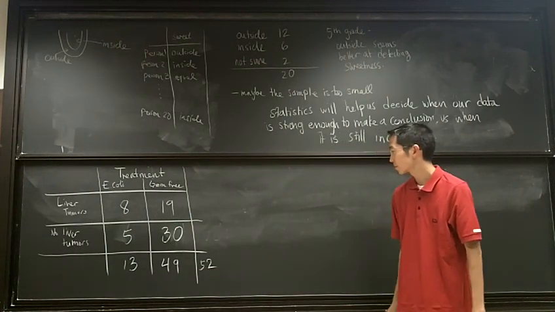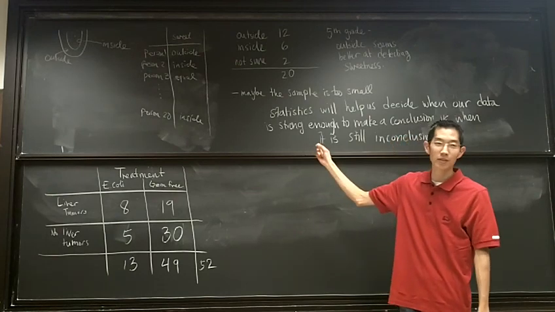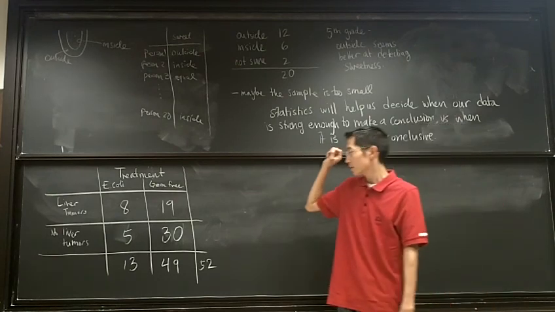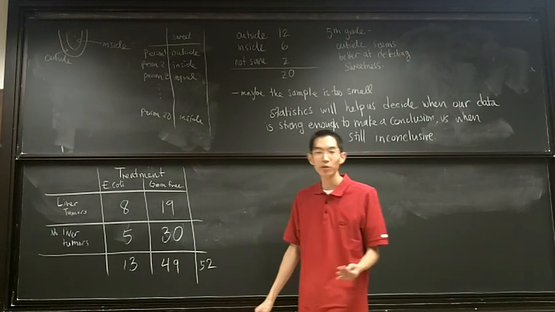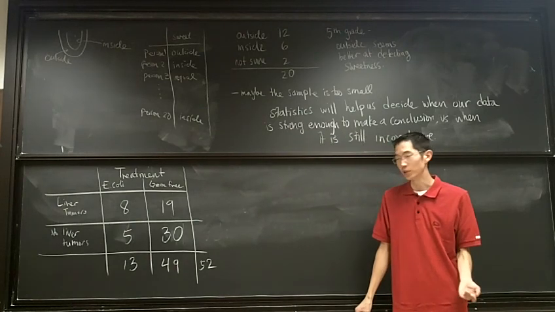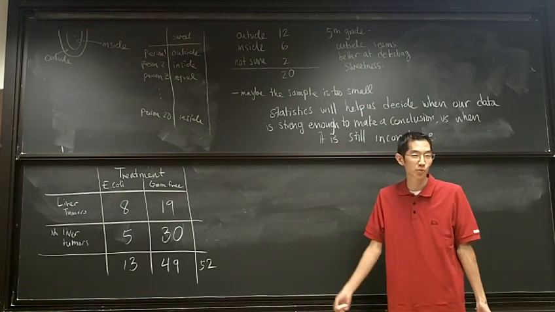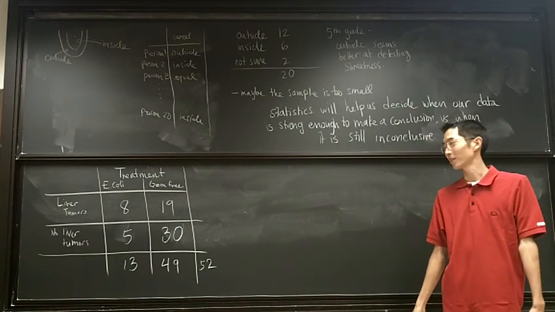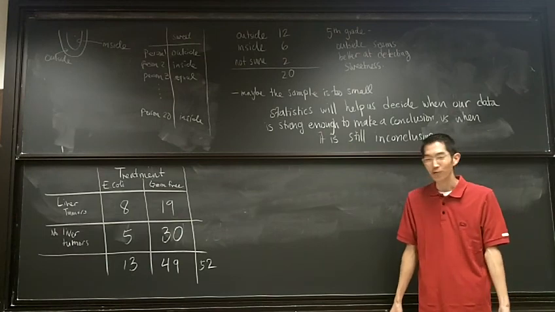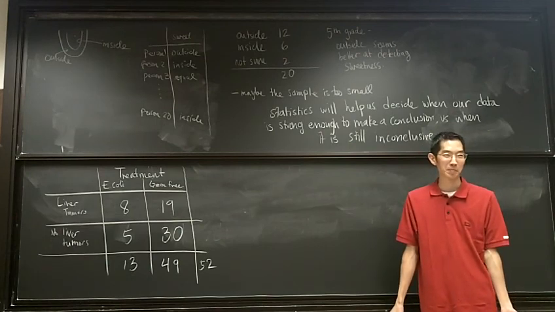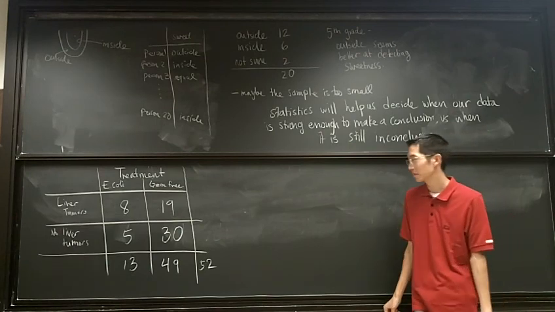Okay. And so what if someone says, does E. coli increase the rate of liver tumors? How would you even begin to answer that question? What should you find first? Percentage of the totals? Okay, percentage.